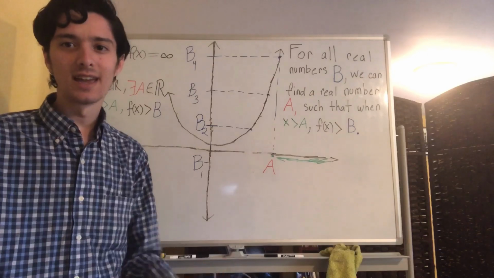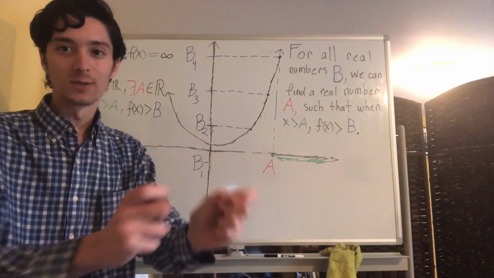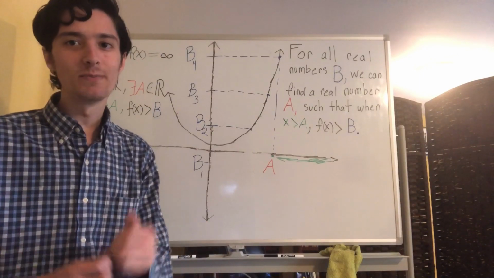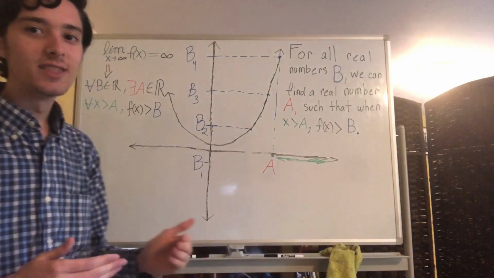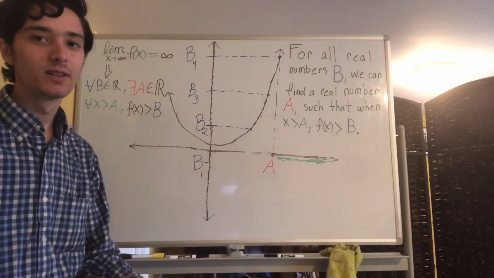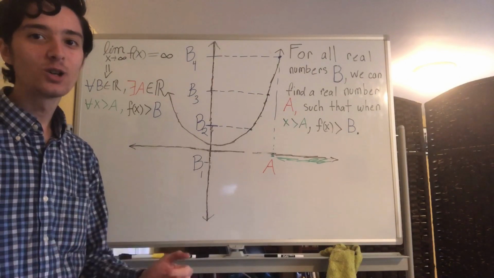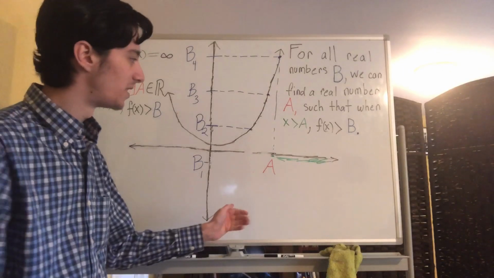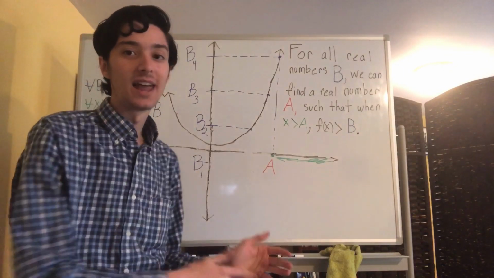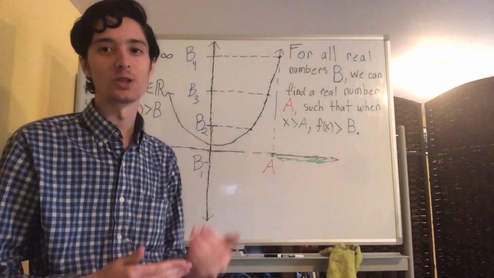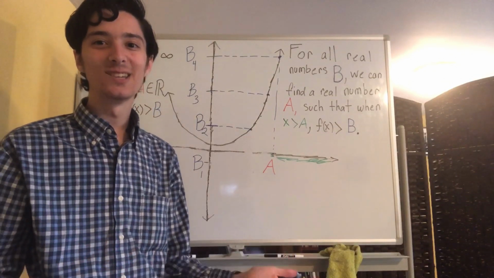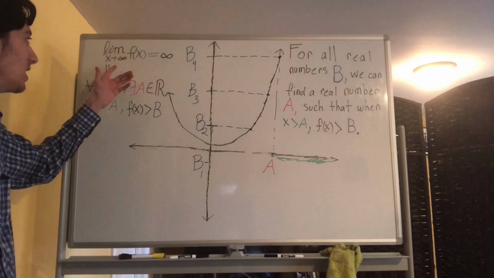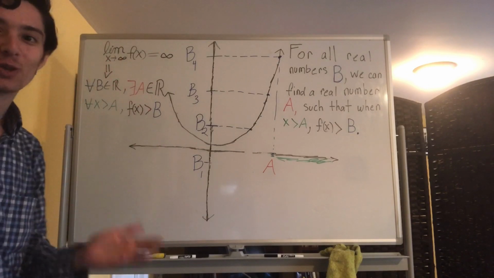So it's not saying that there is one specific place, but if some arbitrary b is given, then it is possible to find an a, no matter how large that b is, to see that after that cutoff point, f of x will in fact be larger than b. And that is what it means for the limit as x approaches infinity of f of x to equal infinity.